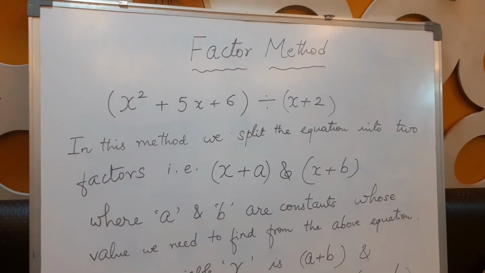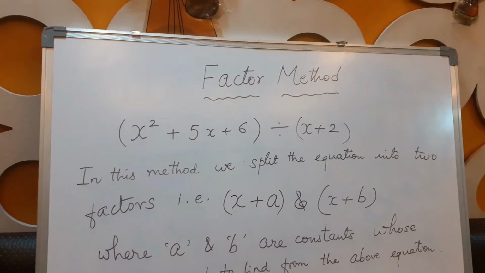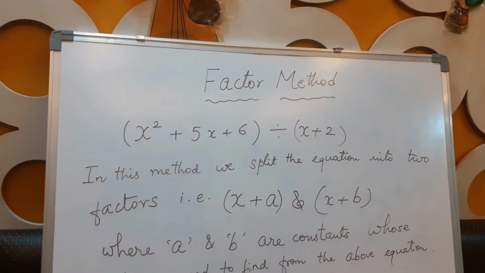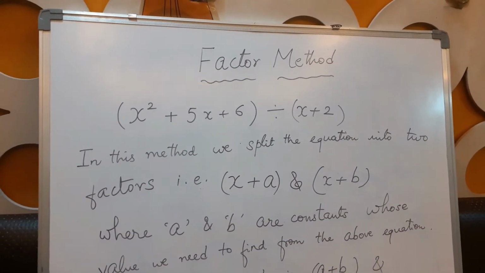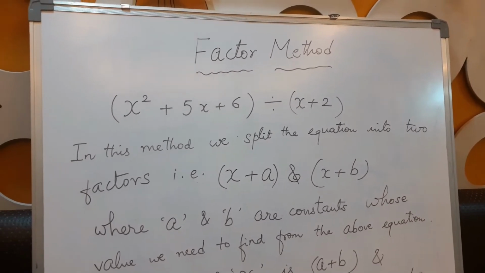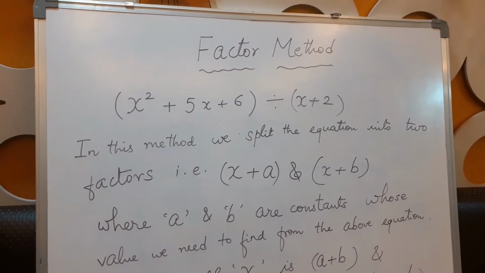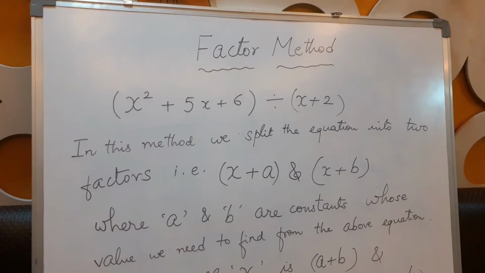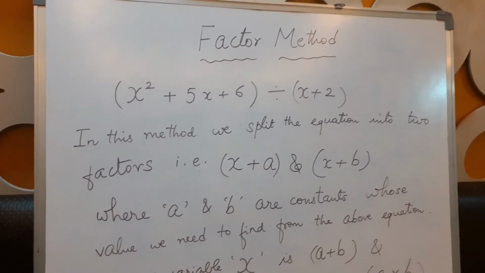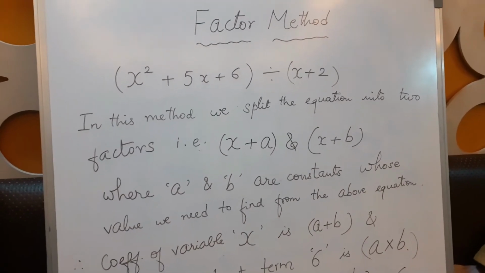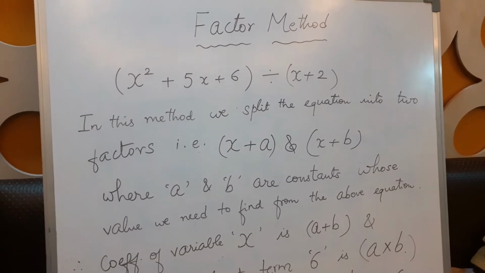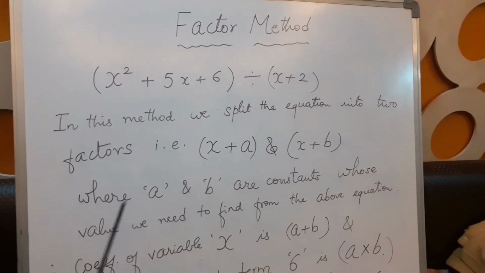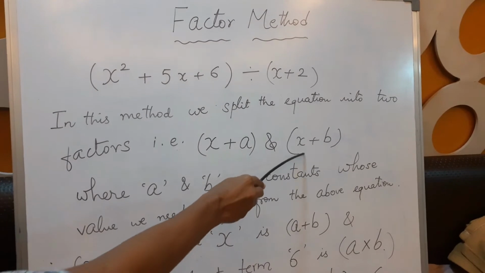Let us now move on to the next problem, which we will be doing by the factor method. Now this is a new method which we shall discuss in detail. Our expression is x square plus 5x plus 6 divided by x plus 2. Now by factor method, what we do is we have to split our equation into two factors, that is x plus a and x plus b.